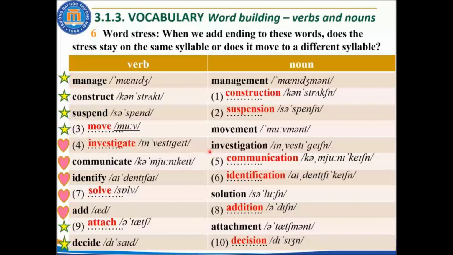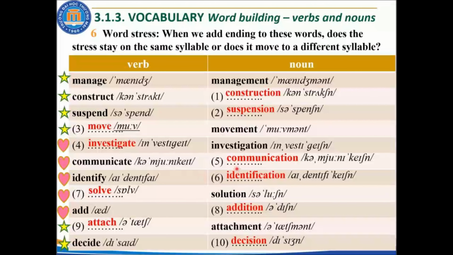Investigate, investigation. Ở đây thì đối với động từ trọng âm rơi vào âm tiết thứ hai, vest, đúng không ạ? Sang danh từ trọng âm không còn ở vest nữa mà lại chuyển sang gay. Investigation.